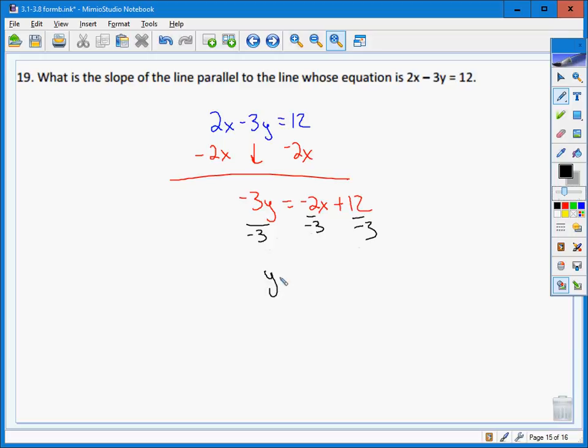I have y equals, a negative divided by a negative would make a positive, and a positive divided by a negative would make a negative, but the part that I'm really interested in is right there in front of the x. The slope of this line would be 2/3, and if it's going to be parallel to this, it would also be 2/3.